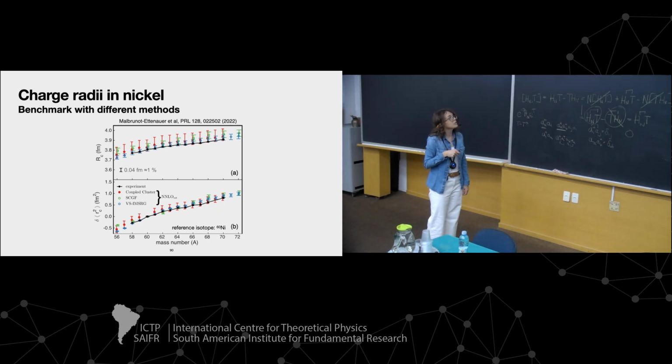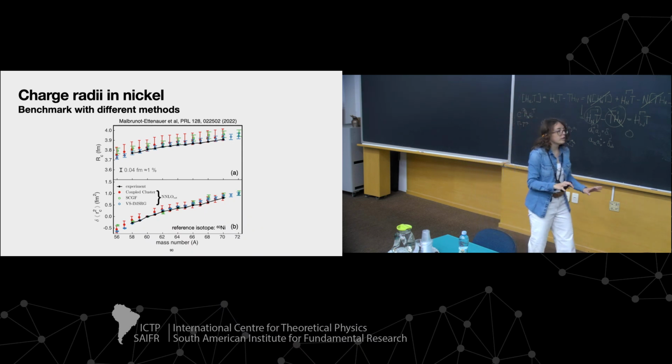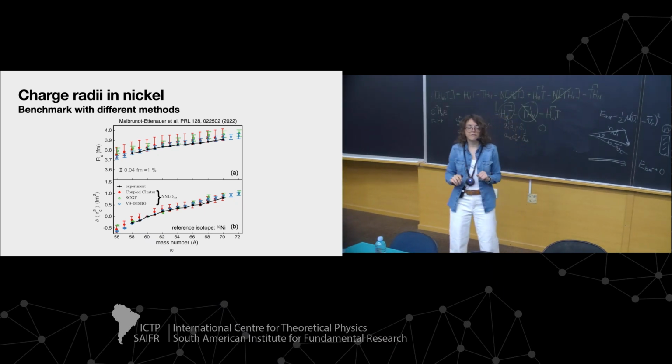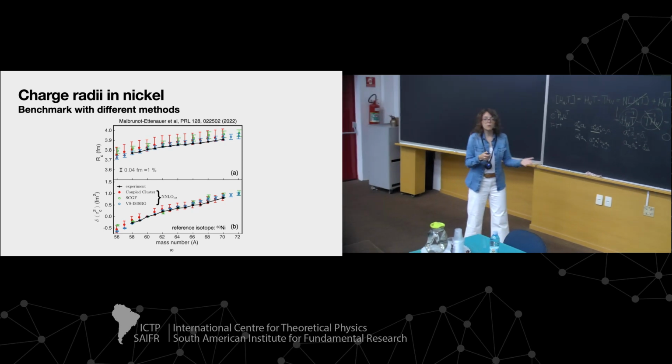This chiral interaction is special with respect to others because usually nuclear interactions are fitted on light nuclei data, like NN scattering phase shifts, as also Ingo was mentioning, and few-body data. We don't go beyond maybe helium-4.